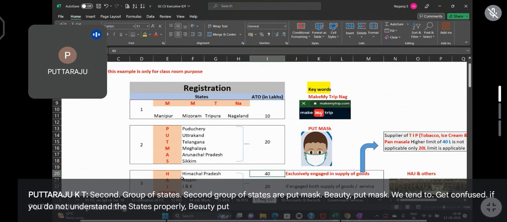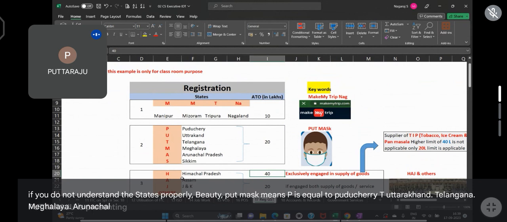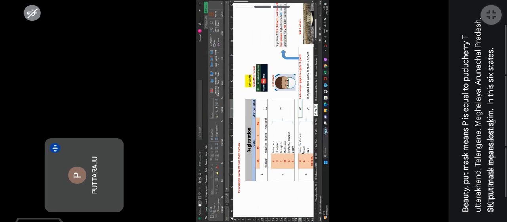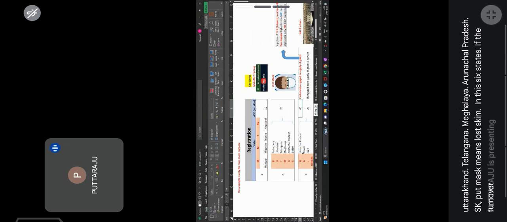PUT MASK means P is Puducherry, U is Uttarakhand, T is Telangana, M is Meghalaya, A is Arunachal Pradesh, and SK, the last, is Sikkim. In these 6 states, if the turnover exceeds 20 lakhs, you have to get registered.